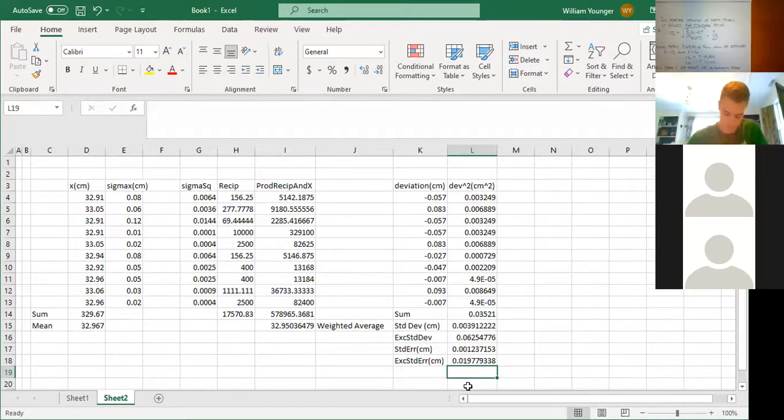The standard deviation, using Excel's one, was 0.06254. I'm carrying a bunch of extra digits there. And sigma x according to that is 0.01977 centimeters. Now I'm going to stop sharing and turn it back to my document cam.